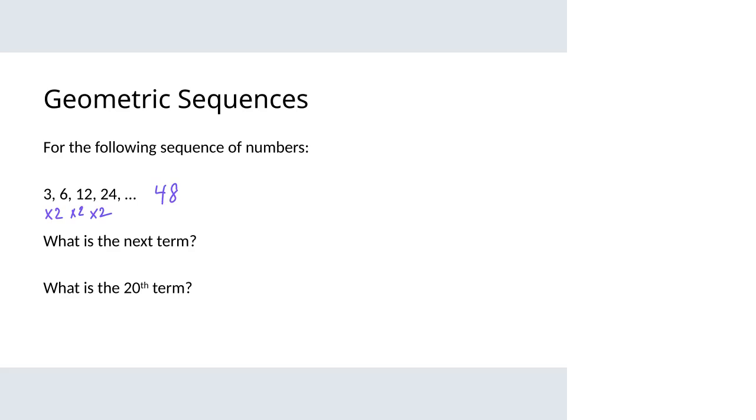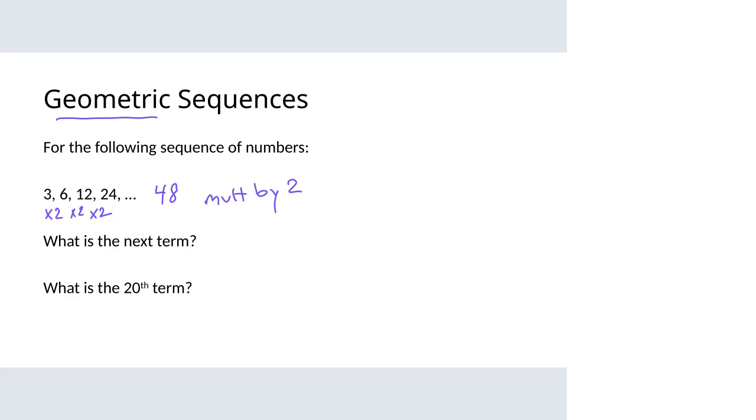Perfect. When we had an arithmetic sequence, that was when we add or subtract the same number every time down the line. A geometric sequence is when we're going to multiply or divide by the same number every time. So here we are multiplying by 2.